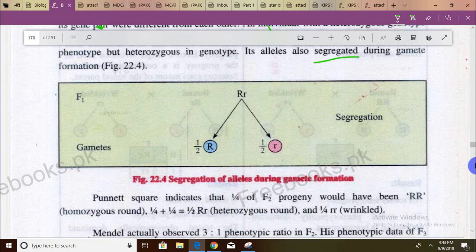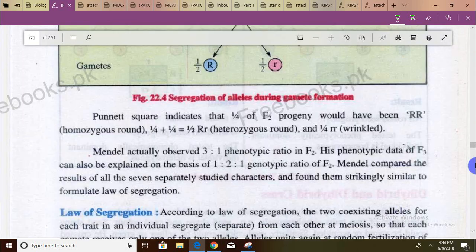Now Mendel actually observed a 3:1 phenotypic ratio in F2. His phenotypic data of F3 can also be explained on the basis of the 1:2:1 genotypic ratio. Mendel compared the results of all the 7 separately studied characters and found them strikingly similar, to formulate the law of segregation.